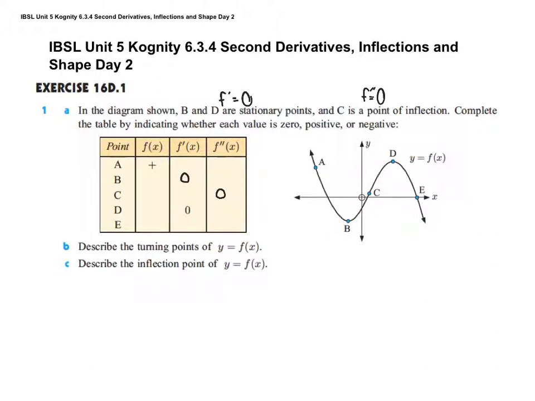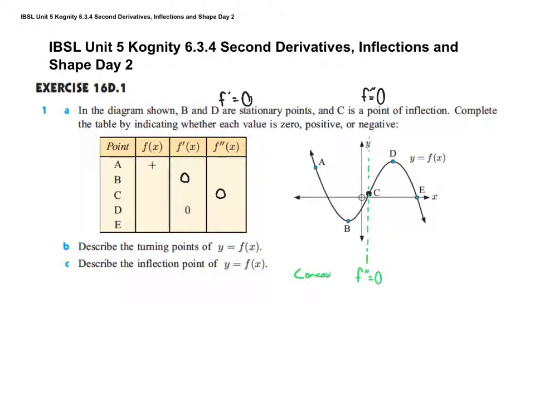So now let's think about concavity, and let's do concavity in green. Just by looking at it, the part of the graph to the left of C, how would you describe that?